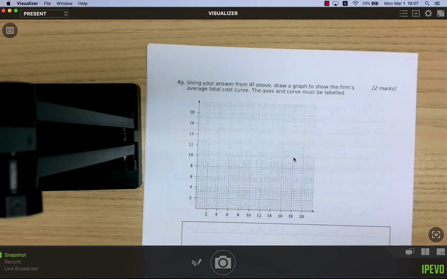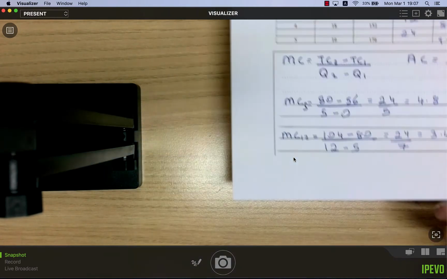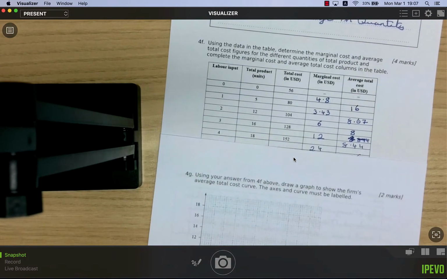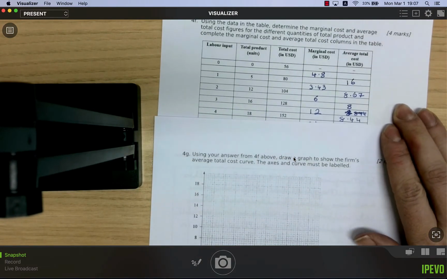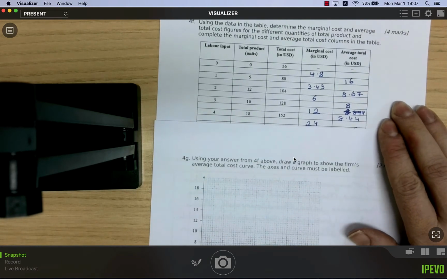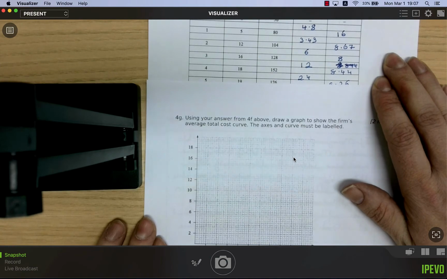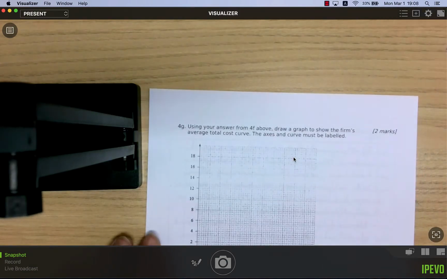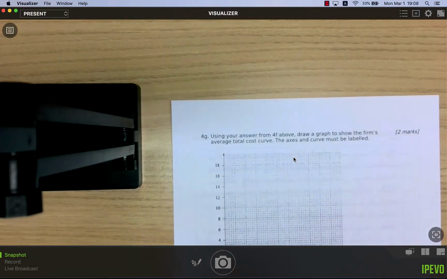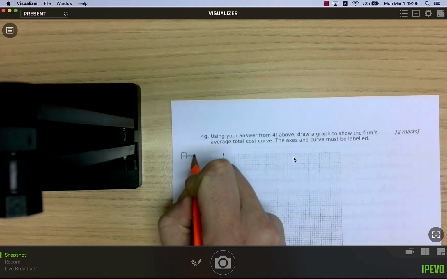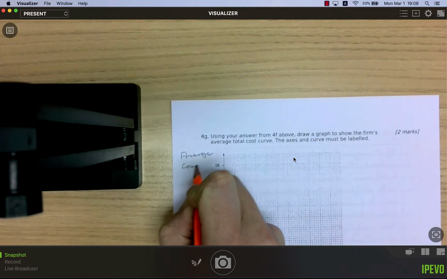Well, what I've got to do now is put all of these numbers, and let's see if I can position this well enough. Well, I tried. So what we've got here is average cost, and here is quantity.